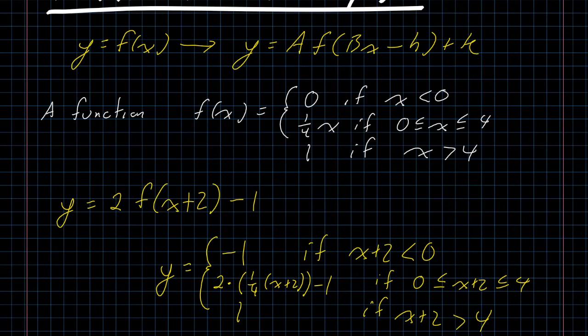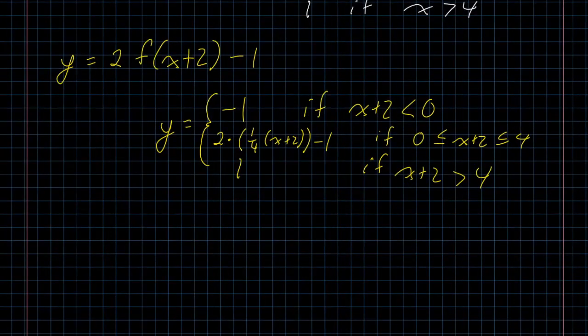And suddenly this has gone from something fairly simple to something incredibly difficult to read. But if we take our time and we simplify each of these things, if x plus 2 is less than 0, that means that x itself has to be less than negative 2.